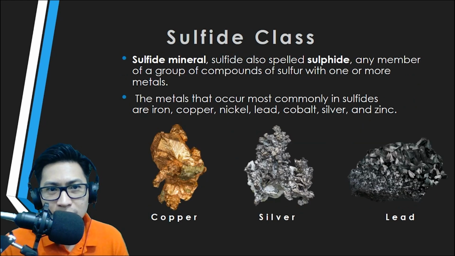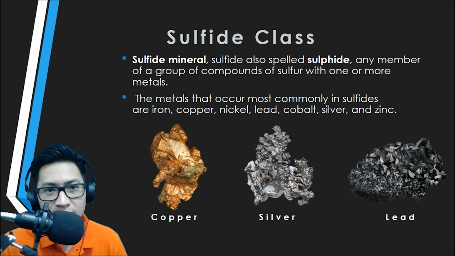The next one is the sulfide class, in which the sulfide mineral can also be spelled as sulphide. They are any member of a group of compounds. So take note of this. Sulfide class, okay, group of compounds of sulfur with one or more metals. So it is sulfur combined with one or more metals.